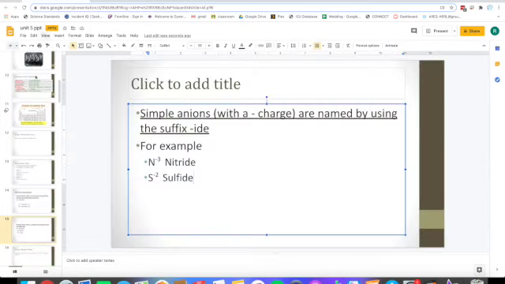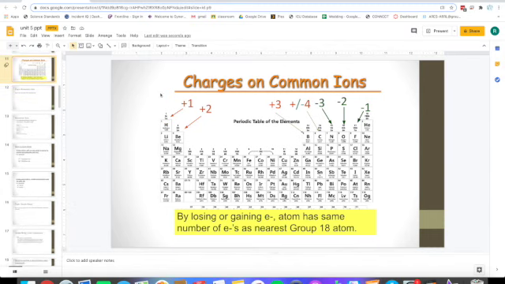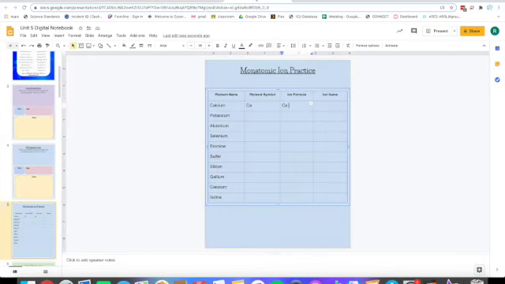So Ca is right here, and since it's in this second column, it will have a +2 charge. So you hit the plus sign and then a 2. To make that an exponent, you'll highlight it and then hit Control period, and that'll make it the exponent.